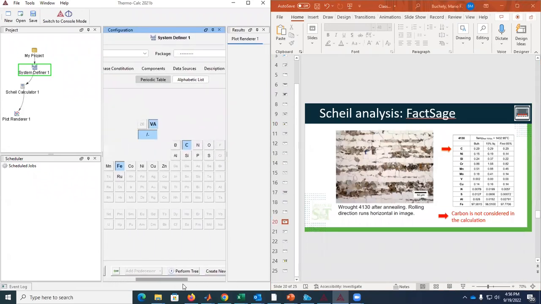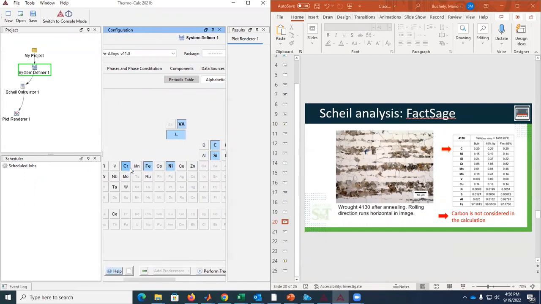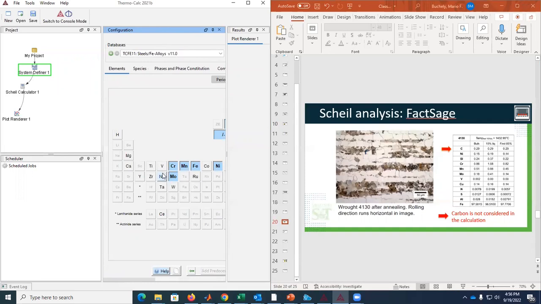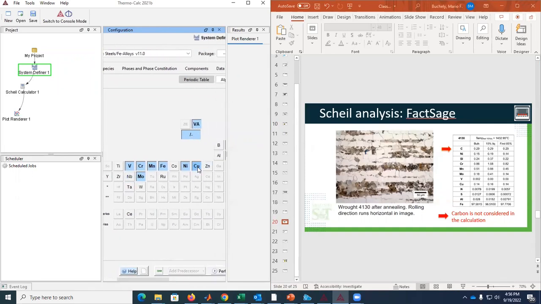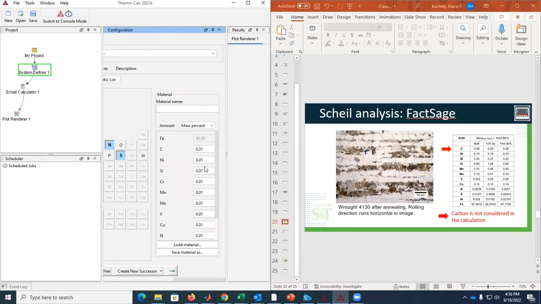I have carbon, nickel, silicon, chrome, manganese, moly, vanadium, copper, and I'm going to add nitrogen, sulfur, aluminum, and those are all the elements that I'm going to include.